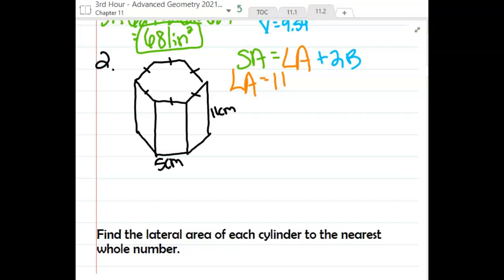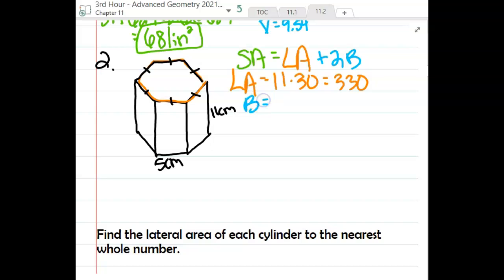And then the width, the base of those rectangles, if I laid it out flat, would be this, next to this, next to this, next to this, next to this, next to this. How long would that rectangle be? 30, right? 5 times 6, it would be 30. So the area of that rectangle would be 11 times 30, which would be 330.